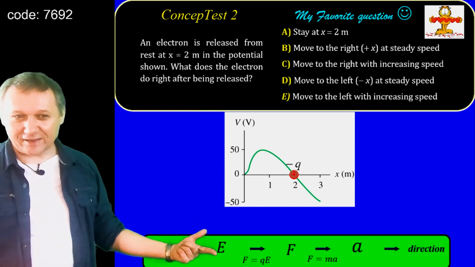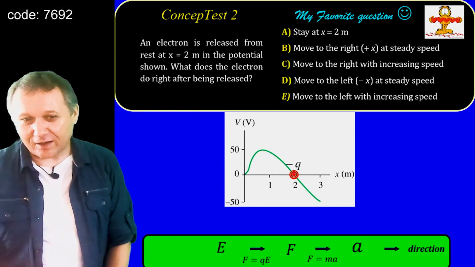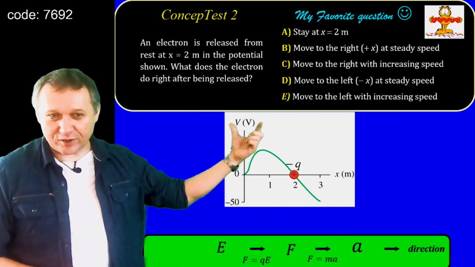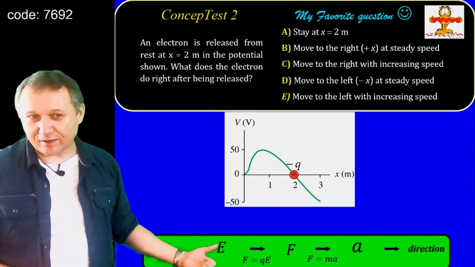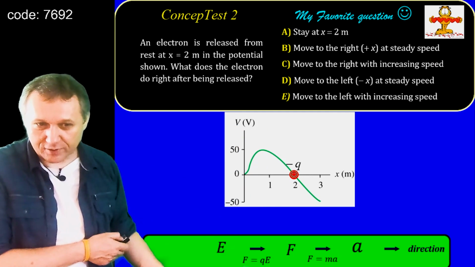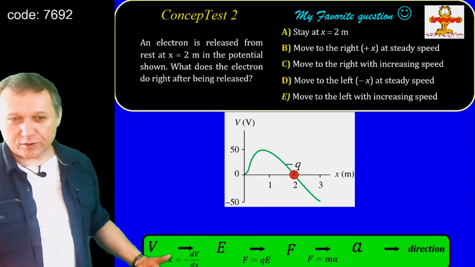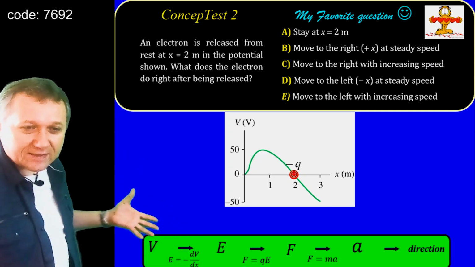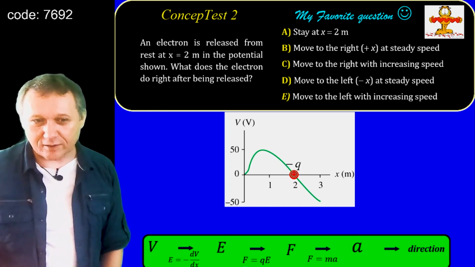So the electric field will lead us to the force. And in order to get the electric field from the electric potential, we just established a bridge. V will lead us to E using the formula we just derived. That's all the steps we have to complete to answer this question.